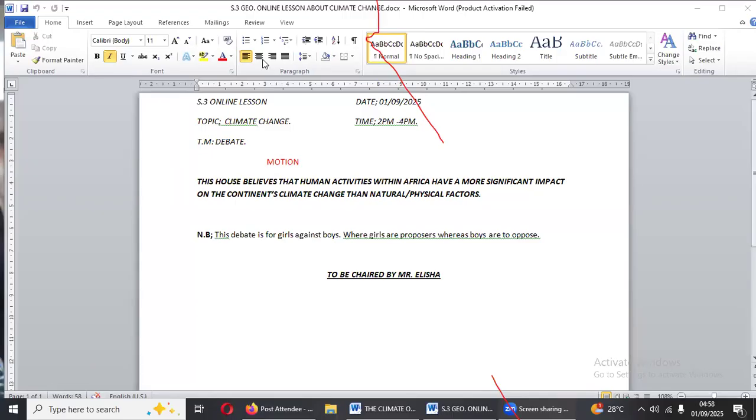We say that because one, we need to realize that since there is a lot of urbanization, people are increasing in Africa.